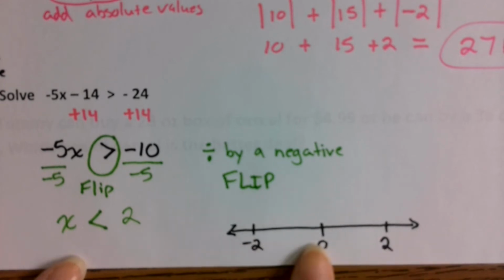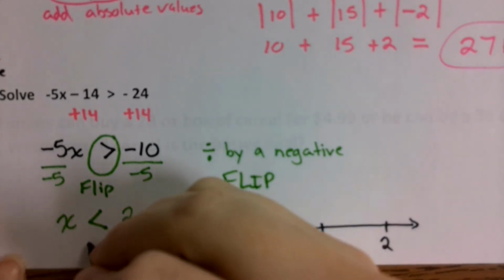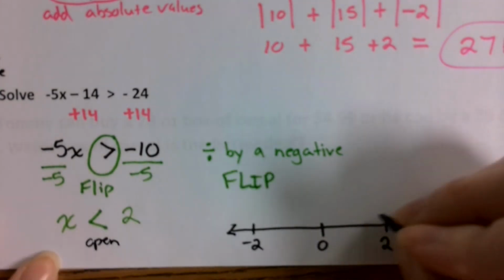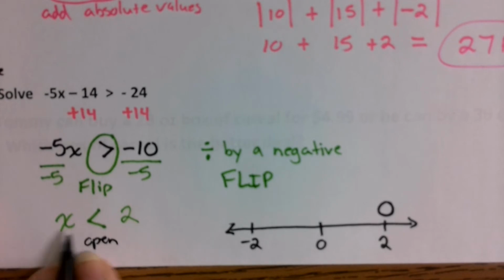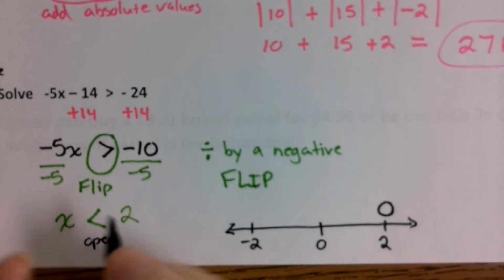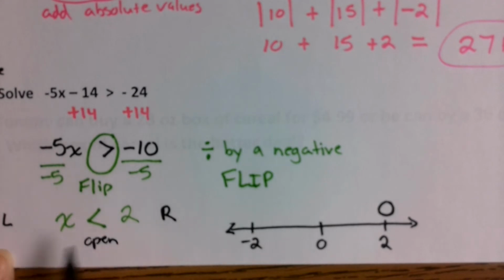Am I going to start at negative 2, 0, or positive 2? Positive 2. Is it going to be an open or closed circle? Open circle. Right? Open circle at positive 2. And is it going to go to the left or go to the right? This is the left. This is the right. Is it going to go towards the left or go towards the right?